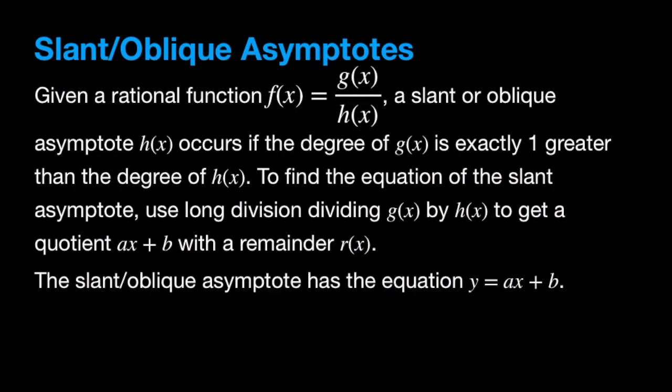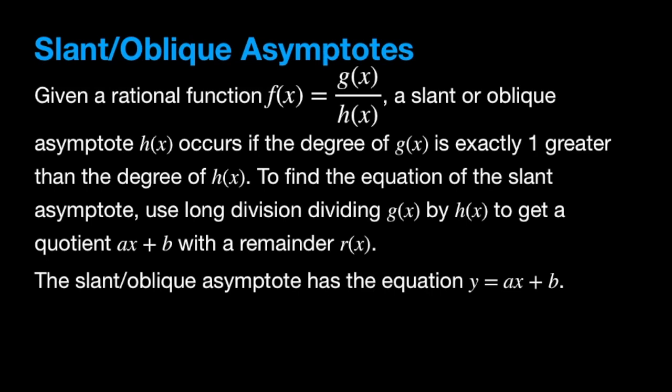So the oblique asymptote will only be in a rational function whenever the numerator is exactly 1 degree higher. So the numerator needs to be 1 degree higher than the denominator. So if this is 3, this one will have to be 2.